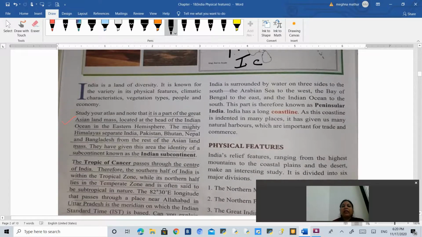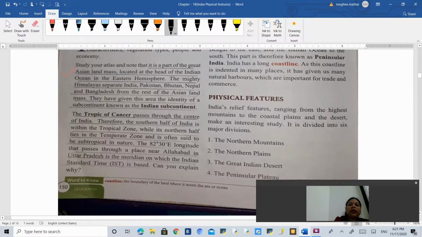Now we know that we have a huge chain of Himalayan mountains which separate five countries, India, Pakistan, Bhutan, Nepal, and Bangladesh, from the rest of the Asian countries. That is why this area, comprising all these five countries, is called the Indian subcontinent, because it is separated by the Himalayan mountain ranges from the rest of Asia.